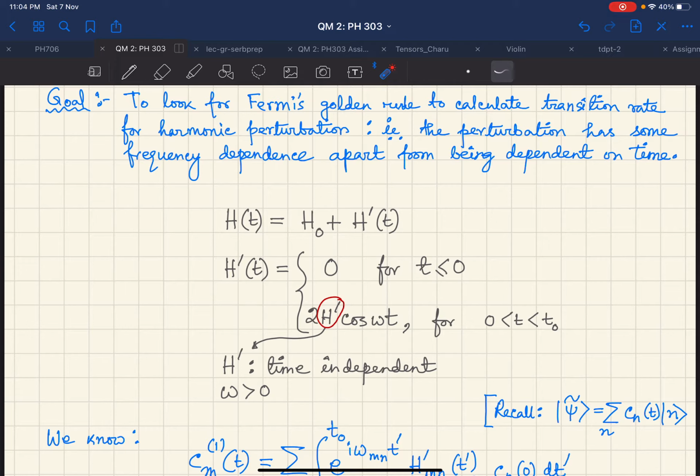So this H prime on the right hand side is not the same as the one on the left hand side. This H prime is time independent. At a later stage I had used a calligraphic H prime instead of this H prime just to avoid confusion.